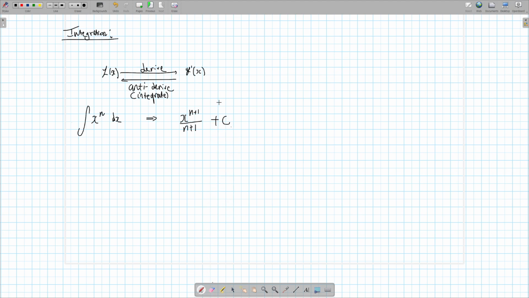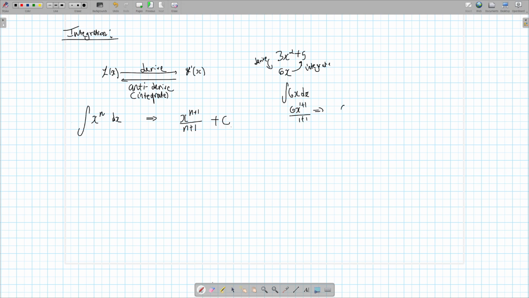Okay? Why plus c? Let's say I'm deriving 3x squared plus 5. If you derive it, you get 6x, right? Now, let's say I want to go back. What do I do? I integrate. Integrate 6x, integral 6x dx. You add 1 to the exponent, it's 6x to the power of 1. Add 1 and divide by the new exponent you just got, 1 plus 1.